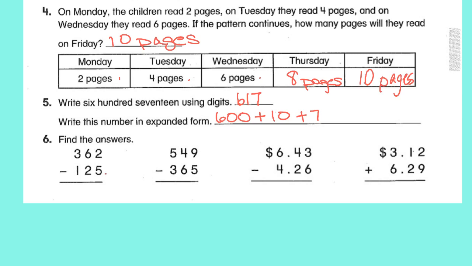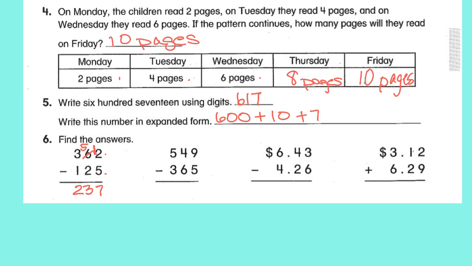We cannot take 5 from 2, so we need to get a 10 from over here. Add it to the ones column, so now we have 12 minus 5, which equals 7. We have 5 minus 2 equals 3. 3 minus 1 is 2, so the answer is 237.